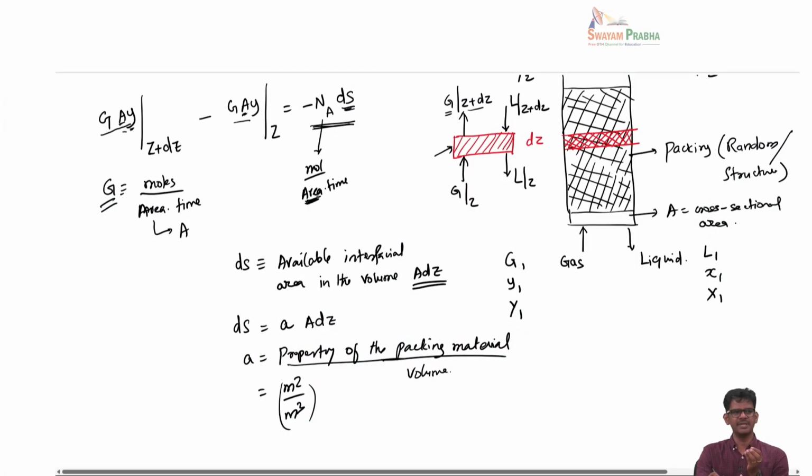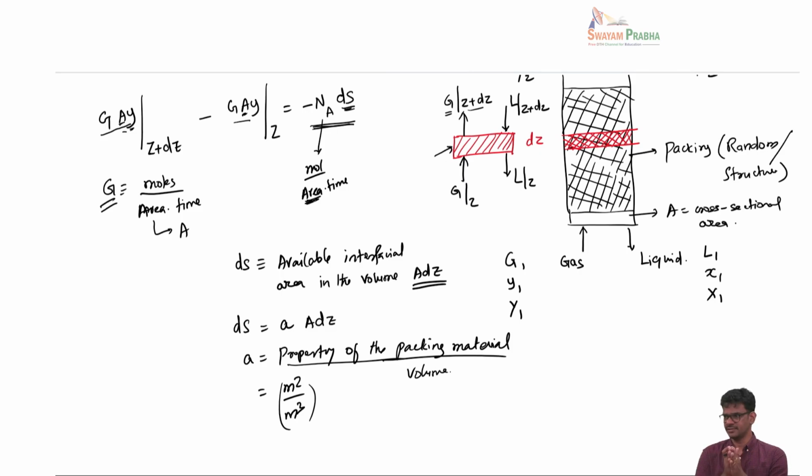Whereas, when I look at the mass transfer rate, I am looking at how much mass transfer is occurring in the chosen region. In this case, the mass flux is with respect to the available interfacial area offered by the packing material. Suppose I do not have the packing, I can use the same A here also, but I do have a packing, and the mass transfer should be calculated with respect to those interfacial areas.